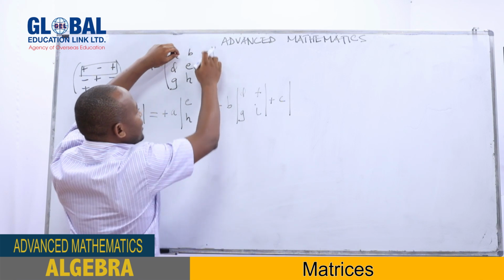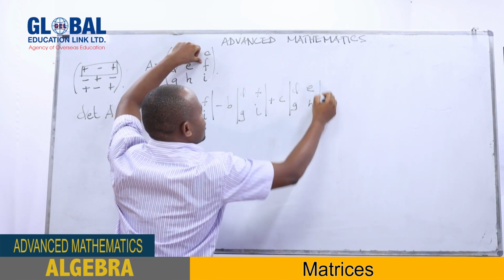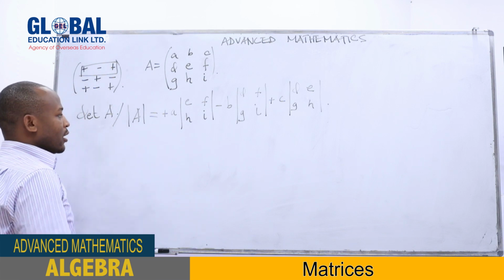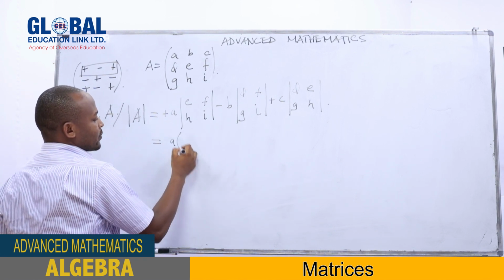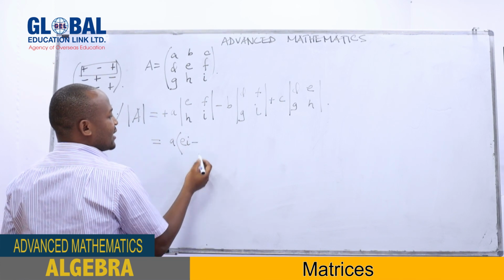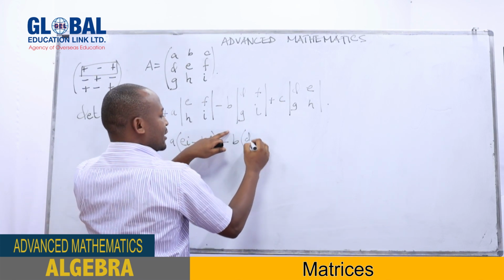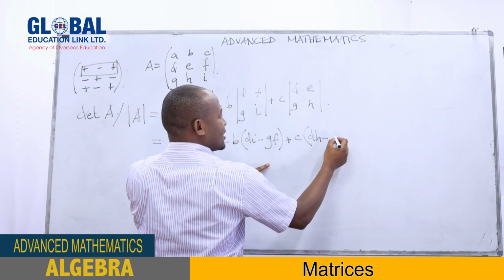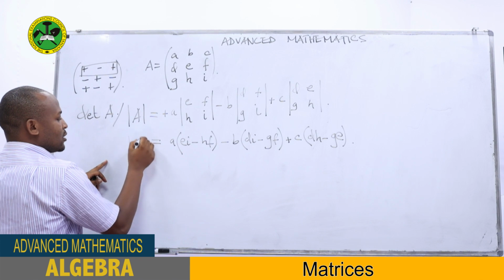As I used earlier, the column and the row go, so we are left with D, E, G, and then H. Manipulating that expression, the answer you obtain is called the determinant of the matrix A. To simplify more, we have A times the determinant of a 2 by 2 matrix, which is the leading diagonal, E, I, minus H, F, minus B times D, I, minus G, F, plus C times D, H, minus G, E. If you manipulate that, the answer obtained is called the determinant of A.